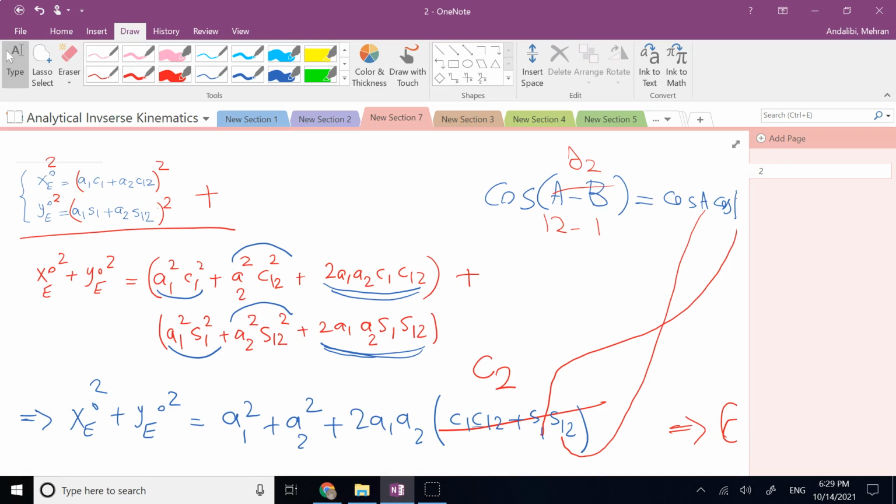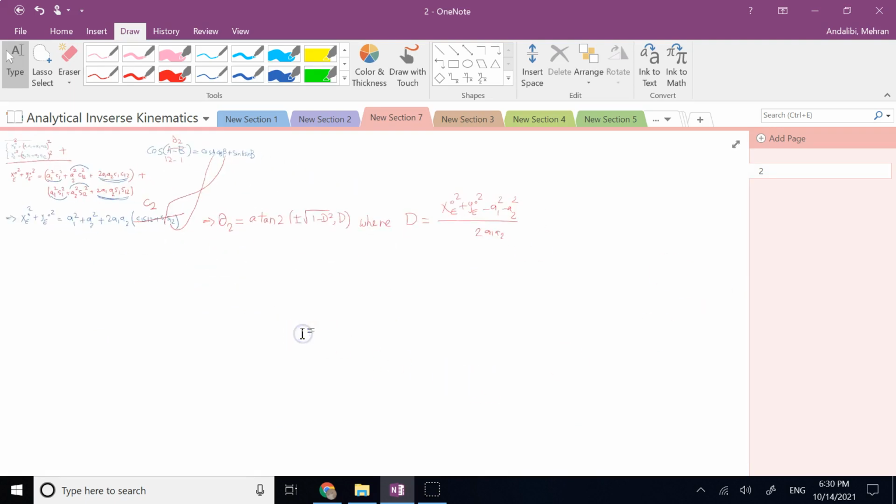Theta 1. So now what do I do? Now, since theta 2 here is a known value at this point, I found it, then instead of adding these two and squaring them, here I do something else. So let me show you what I do next.